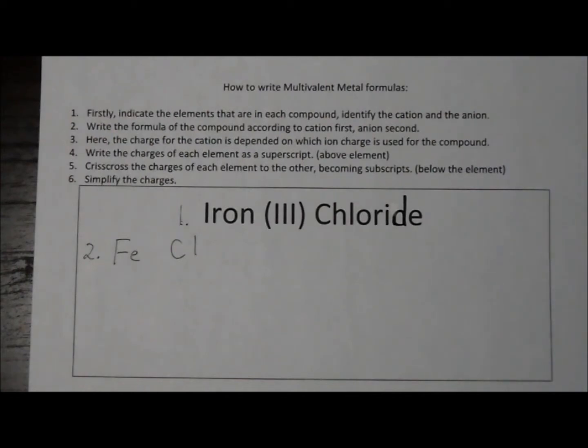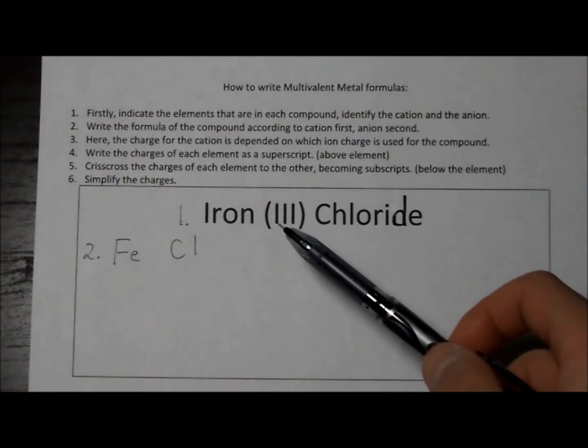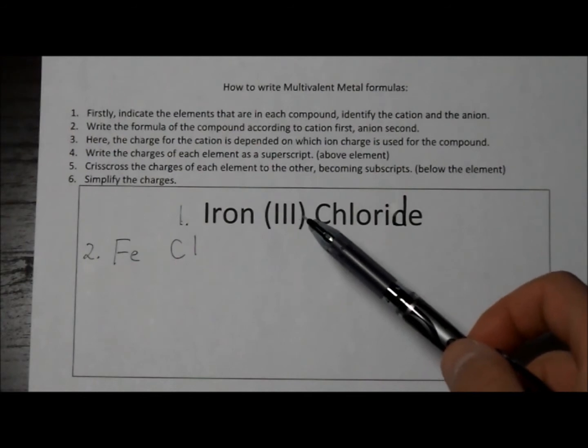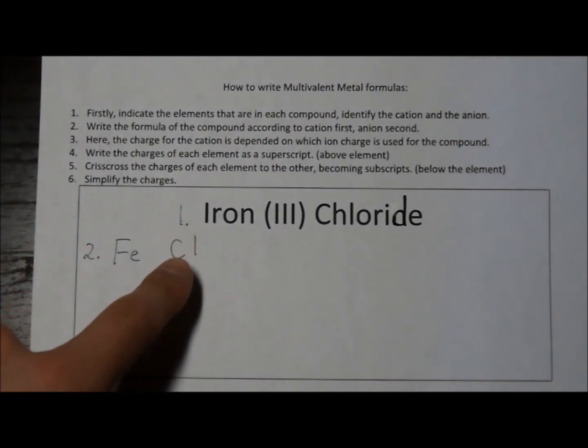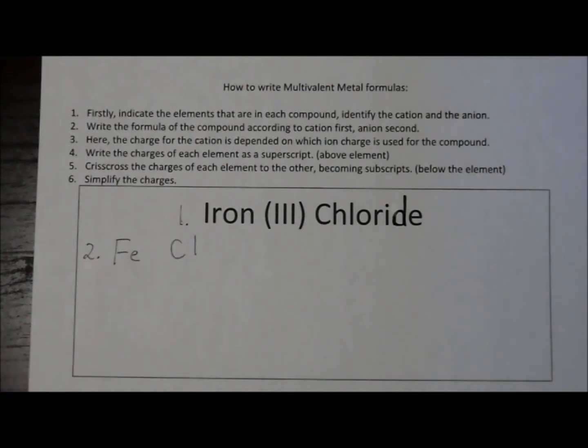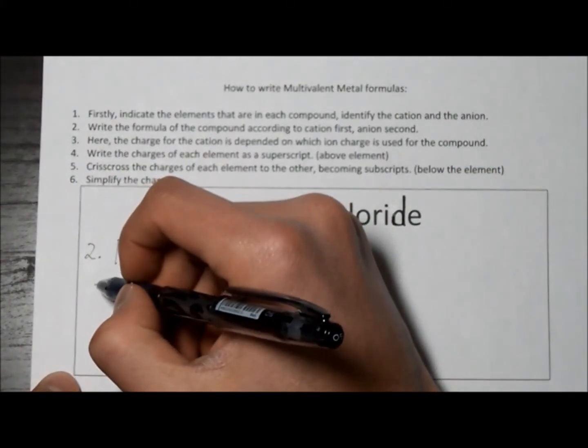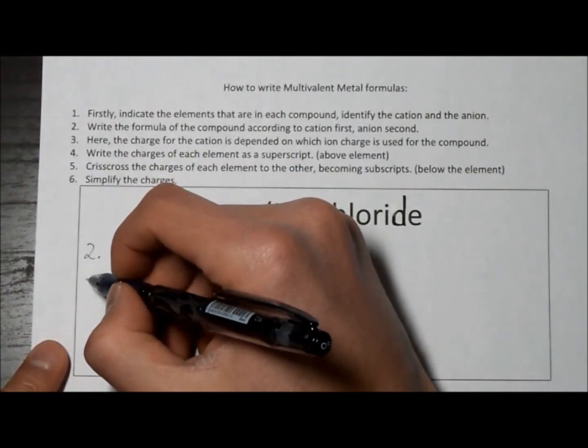And previously, since we talked about how to name multivalent metals, we said that we indicate the charge of the cation with Roman numerals. So in this case, iron has the charge of +3, and chlorine has its normal charge of -1. We're going to write these as a superscript.